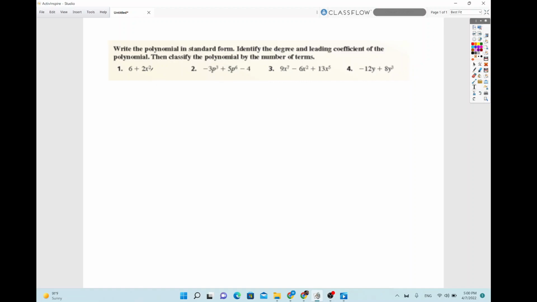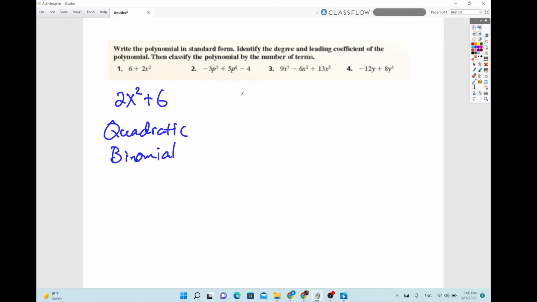Anytime they start out with 2x squared, this one is always considered quadratic, and then 6. Perhaps this can be written as 2x squared plus 0x plus 6. But without the x term here, this one is called quadratic, because the highest degree is 2. So it's a quadratic binomial.